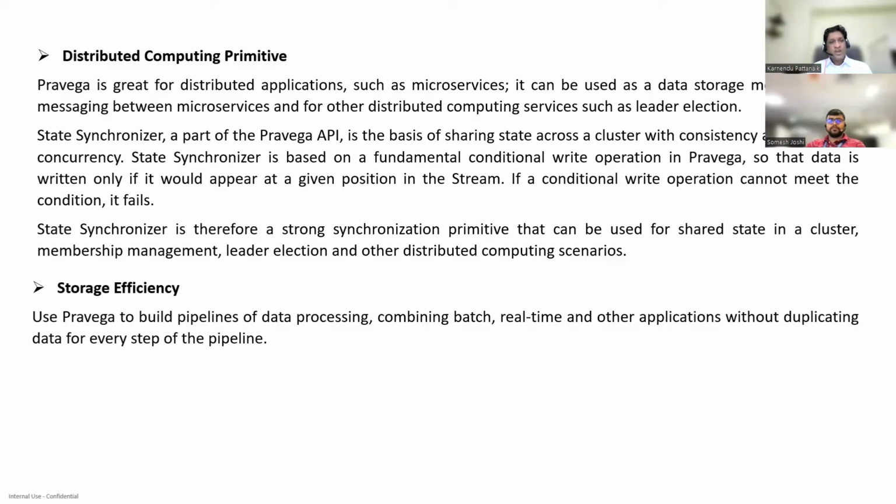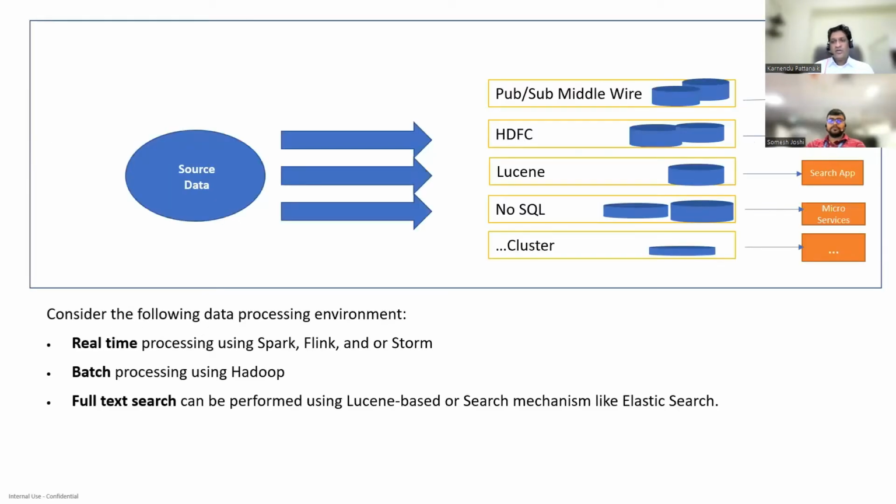Then storage efficiency. As we discussed some time back, Pravega works with data getting appended at the tail, and it works as an engine that moves the data from Pravega to all other tools, whereas with different kinds of middleware streaming applications, each kind has a different set of tools.